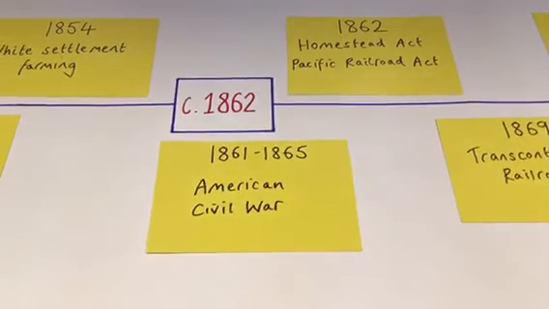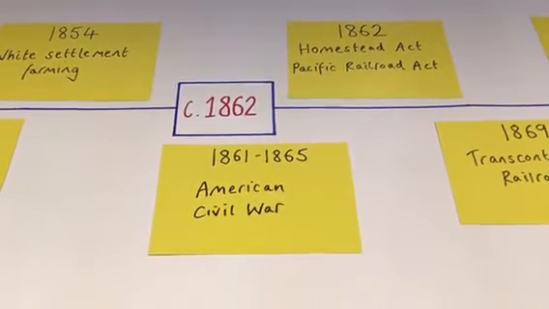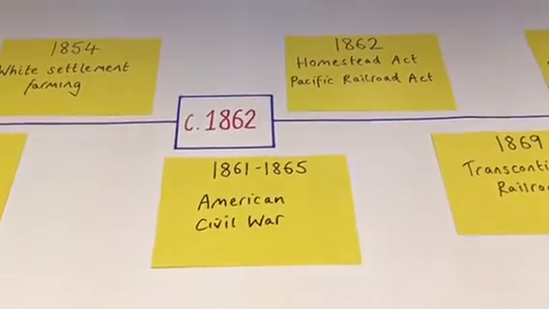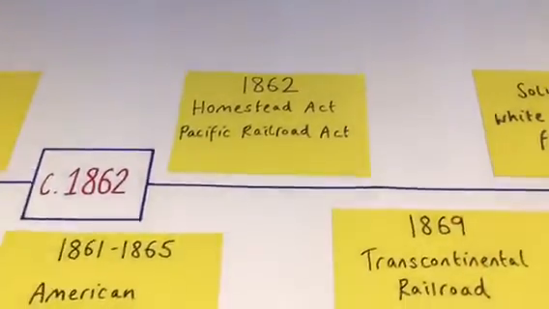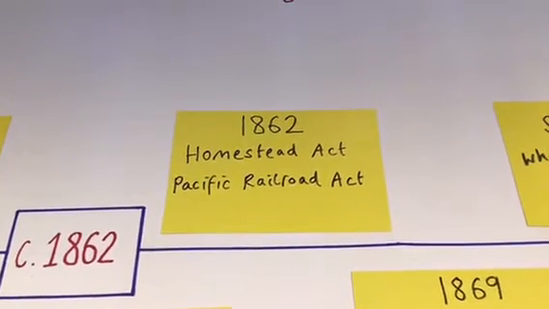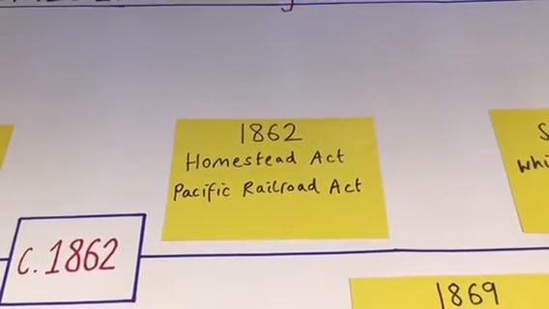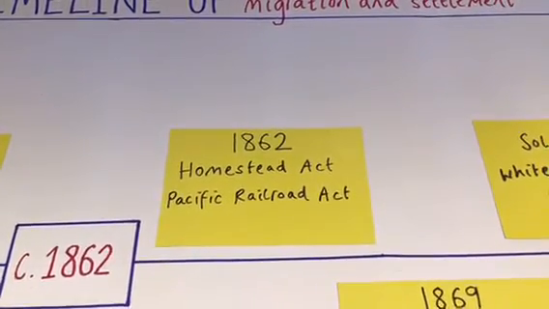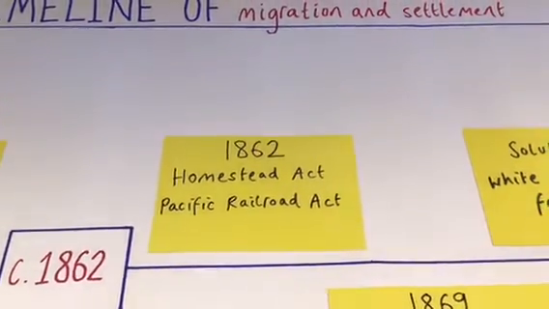Now the Civil War lasted from 1861 to 1865. But a year after the Civil War, and this will be revision card 9, there were two acts of government that were passed called the Homestead Act and the Pacific Railroad Act. We'll be learning a lot about those two important acts in American history.